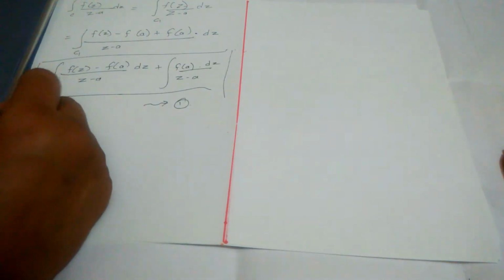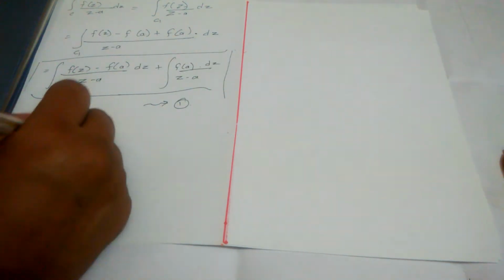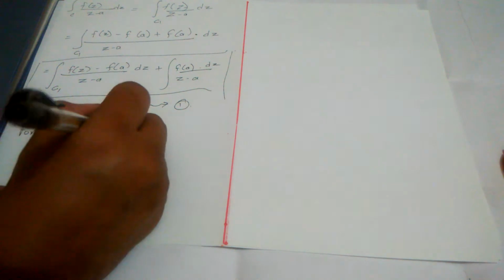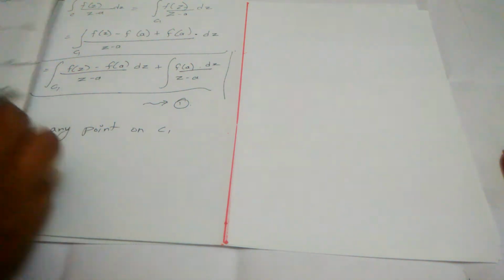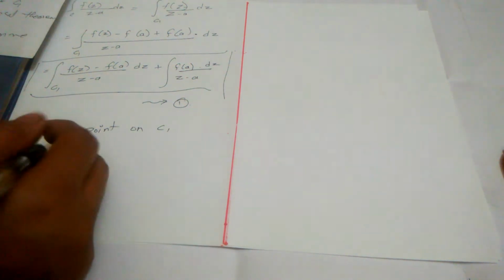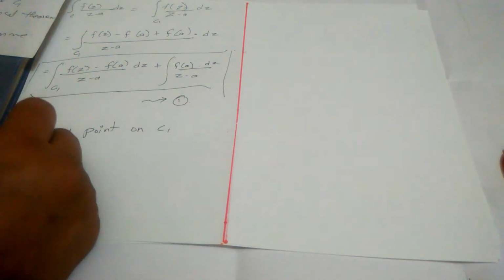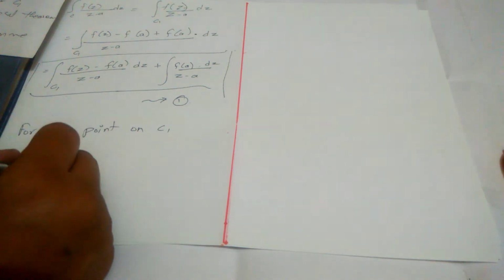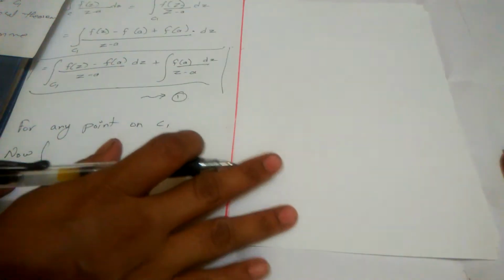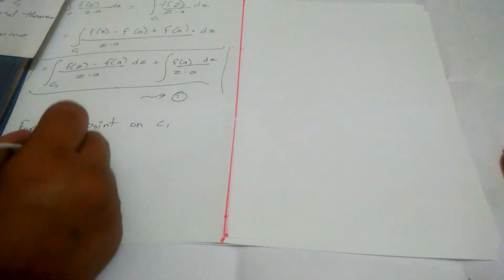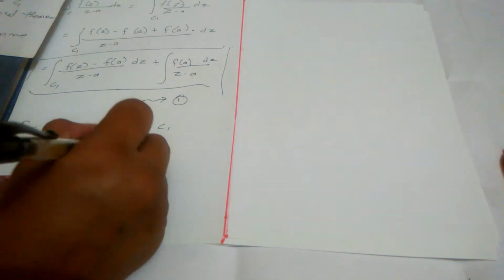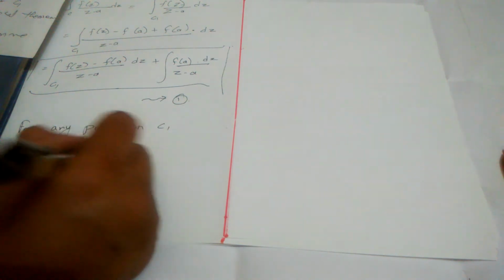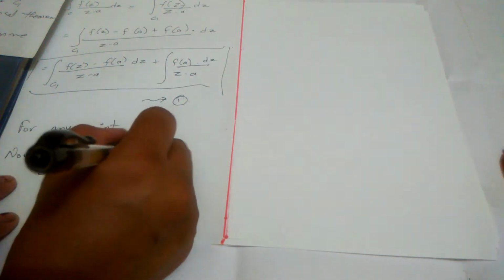Now for any point on circle C1, we get the integral over C1 of f of z minus f of a divided by z minus a dz.